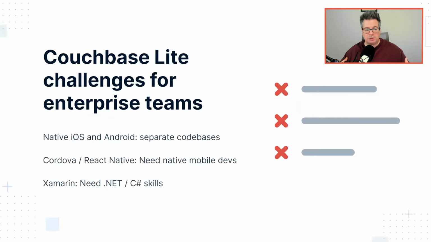However, there are some challenges that we've seen on the Ionic side working with enterprise teams, and depending on what technology you pick, this might be something you run into. Native iOS and Android give you really great performance and absolute full control over what those apps and experiences look like.